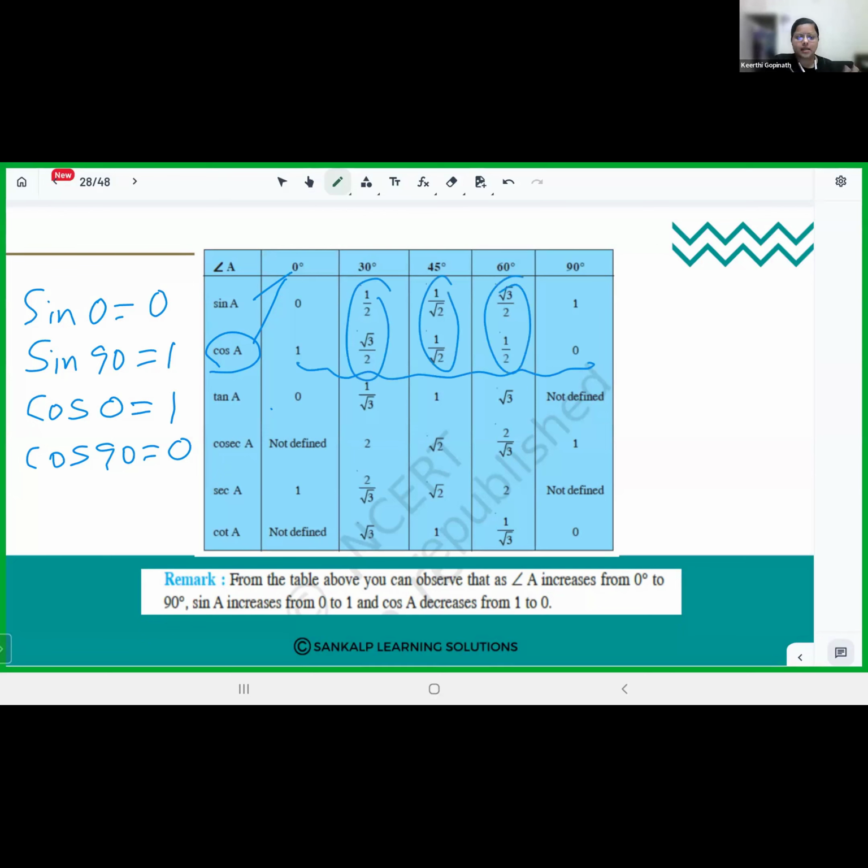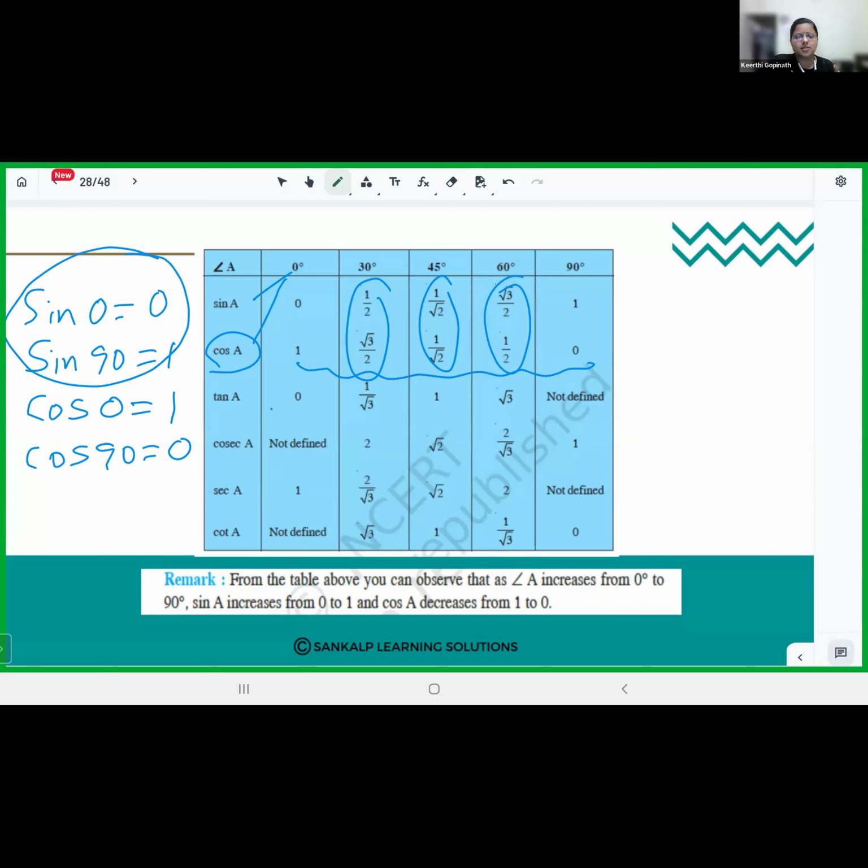Just study the ratio of the sides of those triangles, then you can easily find the values for 45 degree, 30 degree and 60 degree. And then study these values also. Sine 0 is 0 and sine 90 is 1. Cos 0 is 1 and cos 90 is 0. With that, you can find the value of tan.